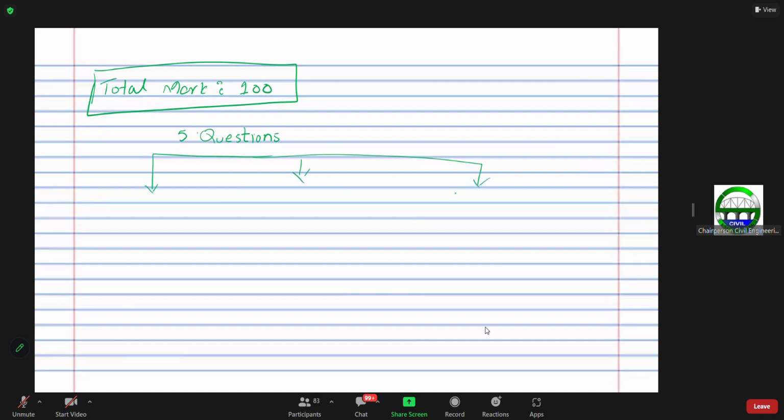We're going to have the first one from the matrix, and then from the homogeneous equation, and then algebraic equations.